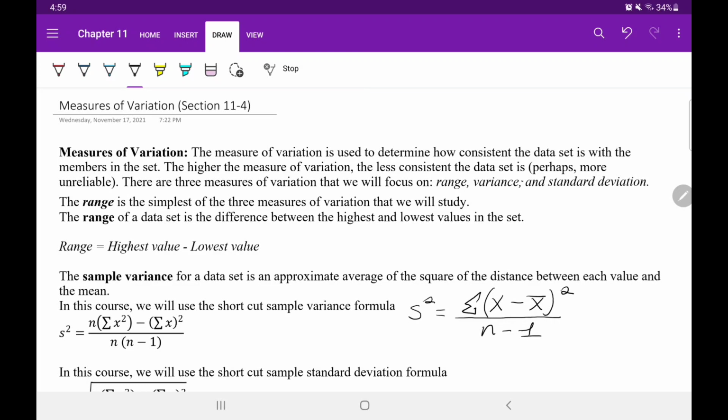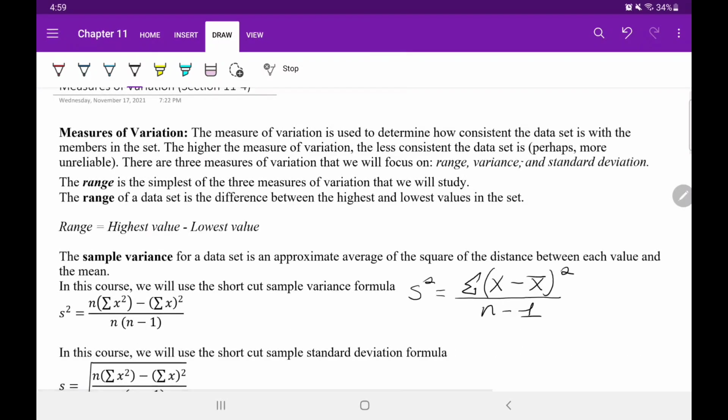The measures of variation determines the overall consistency within the numbers themselves. Now, there are three types of measures of variation. There's the range, the variance, and what is called the standard deviation, things you will be seeing in Stats 250.